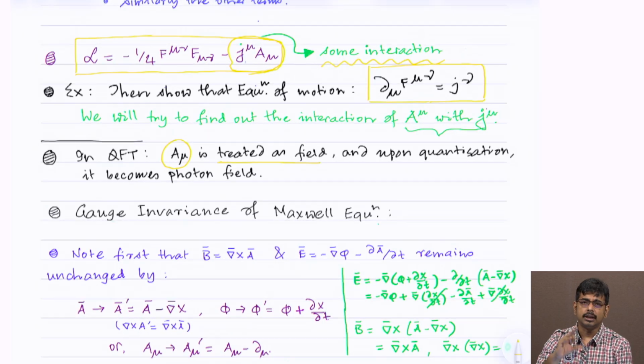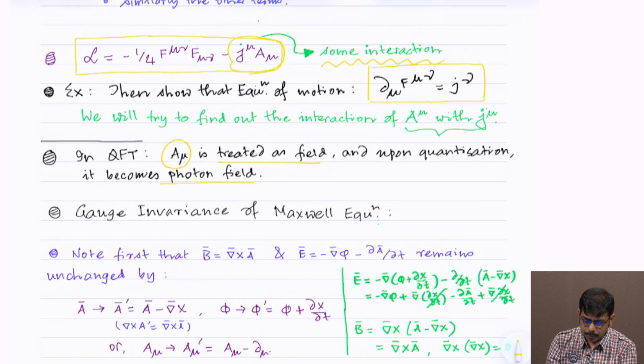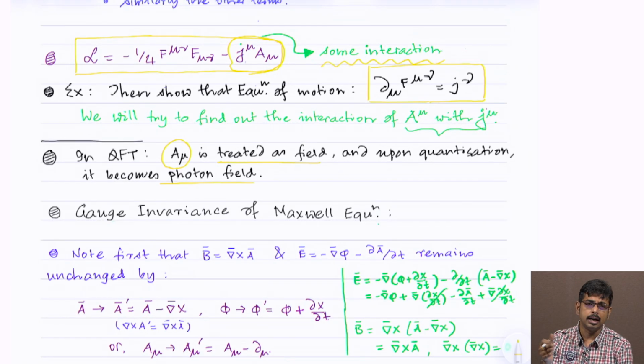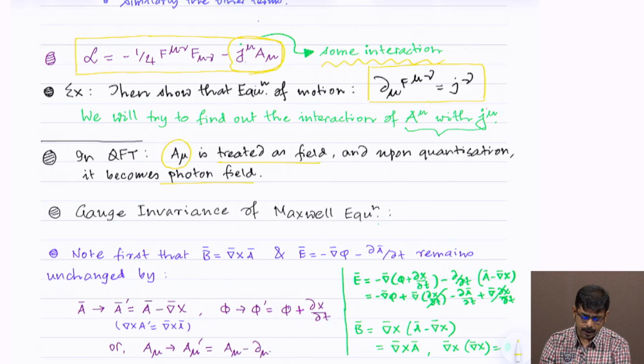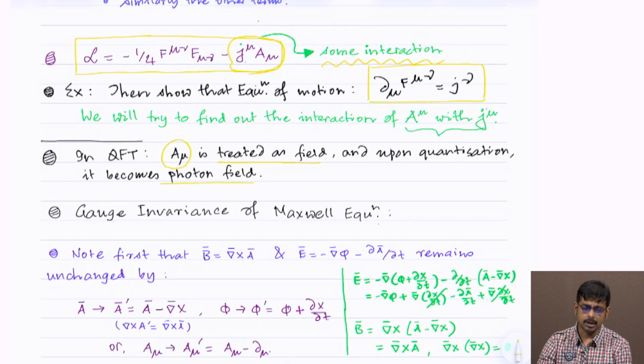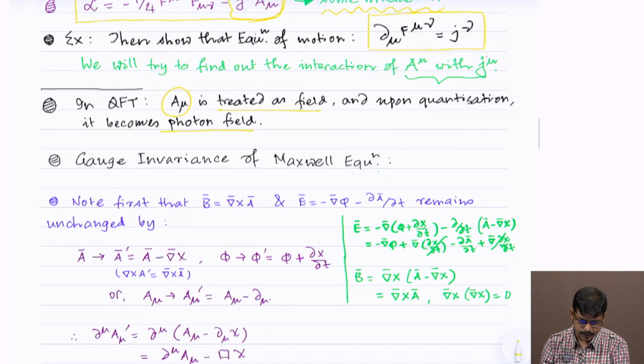Or rather, you can say A_μ is nothing but the photon field. We will come to that part a little later. I will give you a glimpse of how this interpretation of quantization occurs.